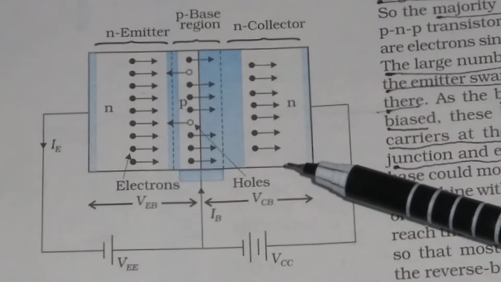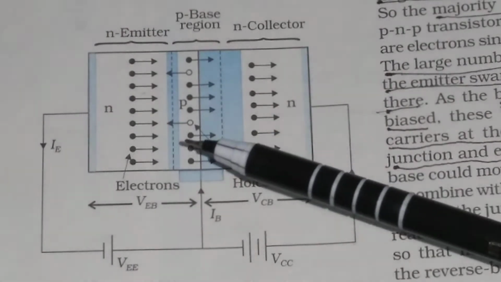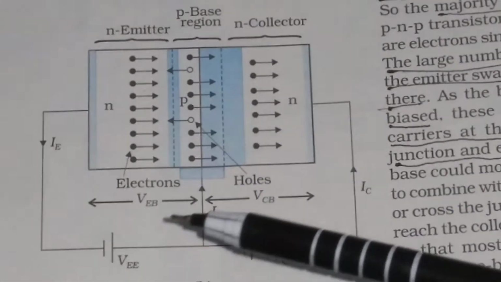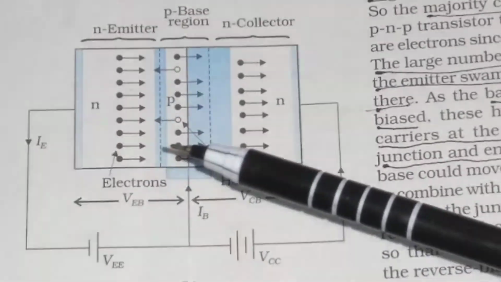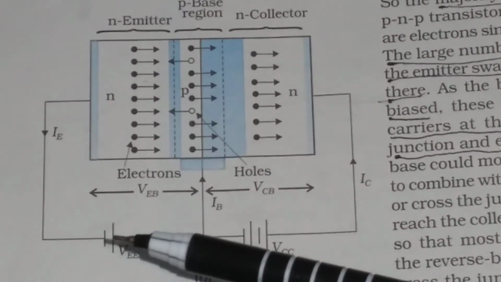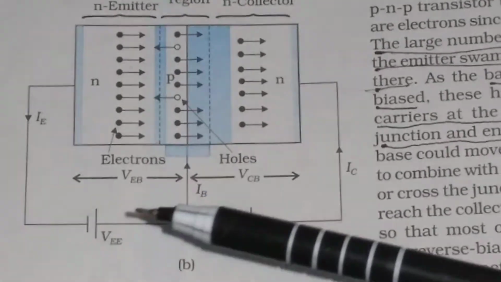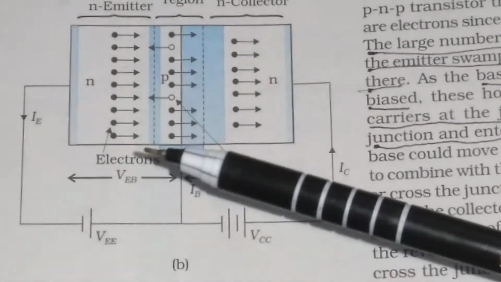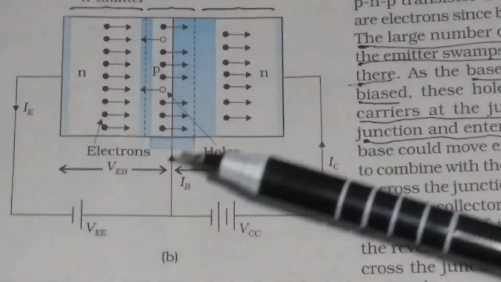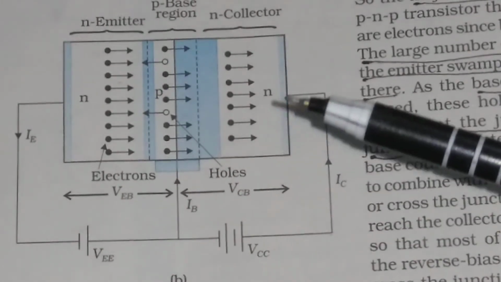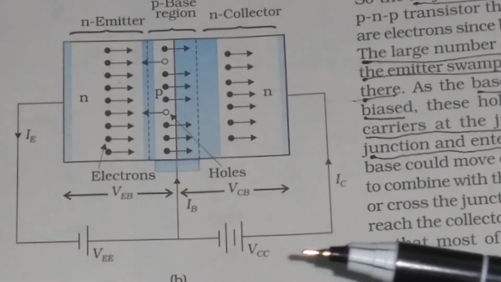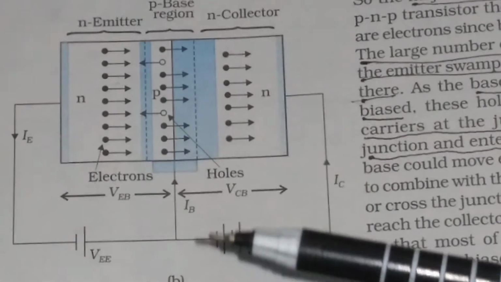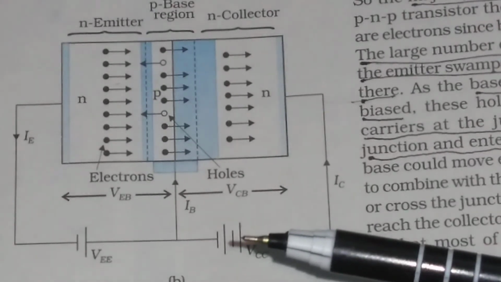Similarly, this is the circuit diagram for the NPN transistor biasing, and this is the forward biasing of the NP junction. You see N is connected to the negative terminal, P is connected to the positive terminal. So it is forward biased. The input is forward biased. The output, that is N is connected to positive and P is connected to negative. So it is reverse biased.